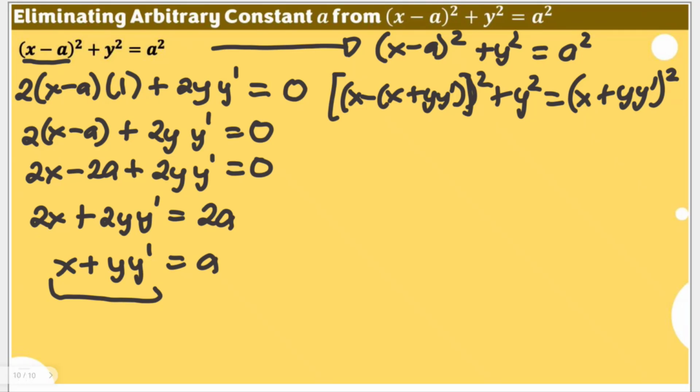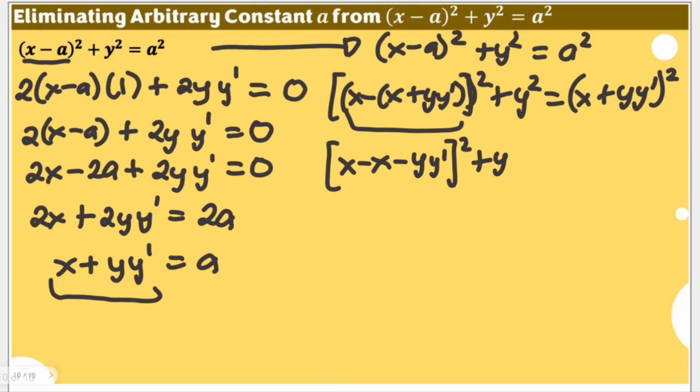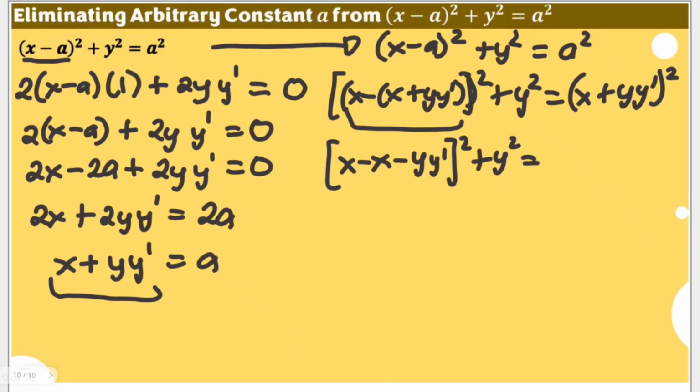Since this is just under a grouping symbol, you can simply remove that, and then you will have this form, x minus x, then negative y y prime. Take note of that, you're removing grouping symbols. Plus y squared. This side, you will have to use the square of a binomial.